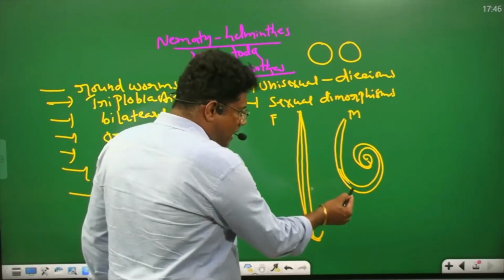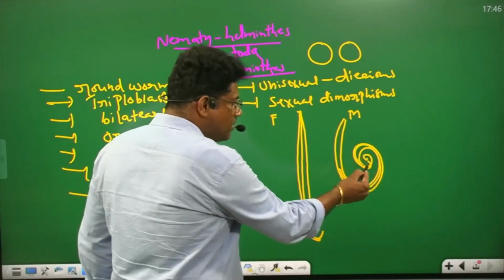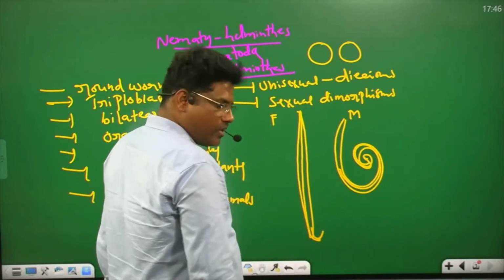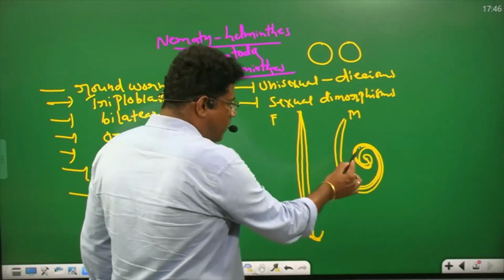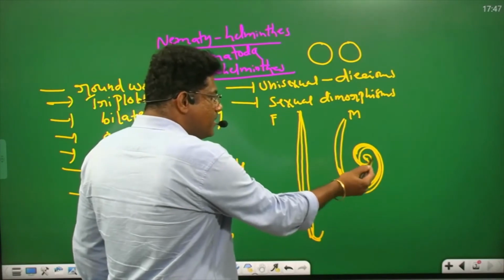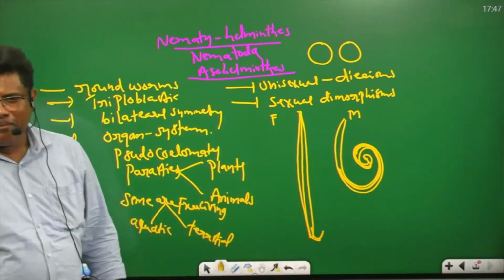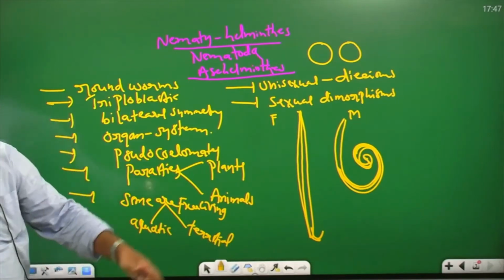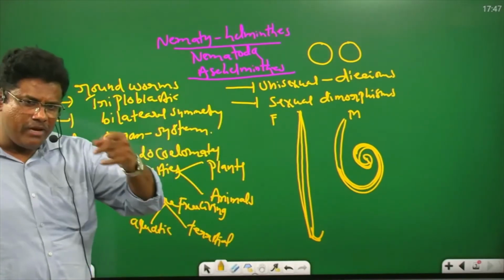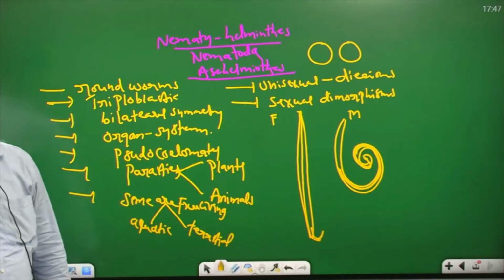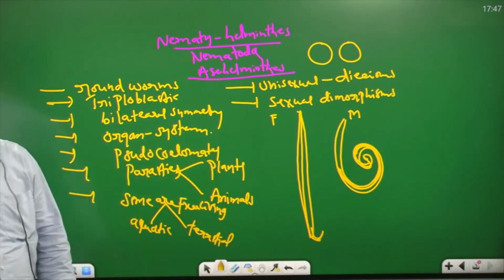Posterior side is curved. Posterior side is curved, which means this is the male; the straight body is known as the female. Based on external characters, we can easily find out which is the male and which is the female. That is called sexual dimorphism.